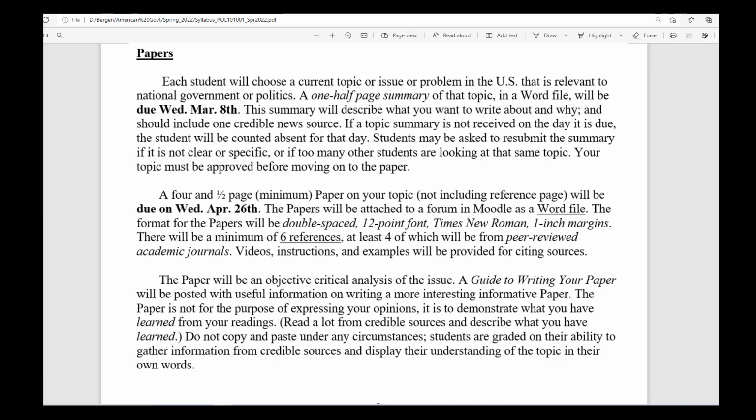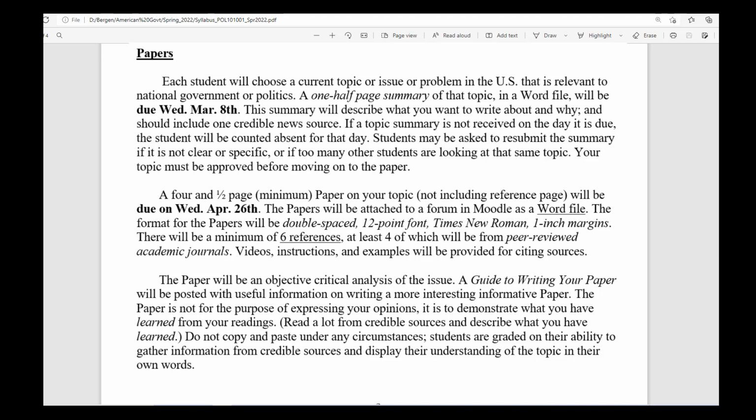The format for the papers is double-spaced, 12-point font, Times New Roman, 1-inch margins. Now, be single-spaced for the reference page. Talk about that here in a second.